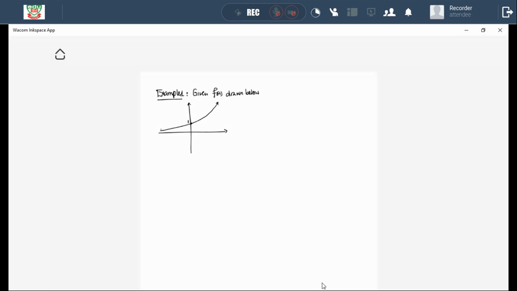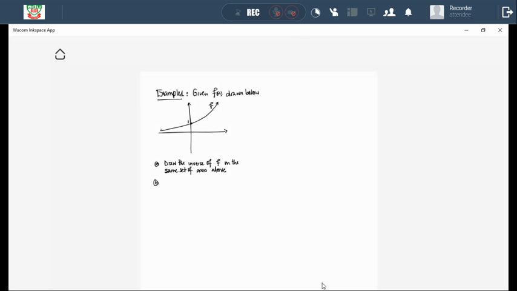Now, the first question says: draw the inverse of f on the same set of axes above.